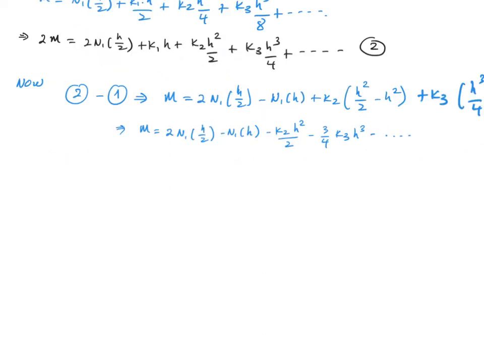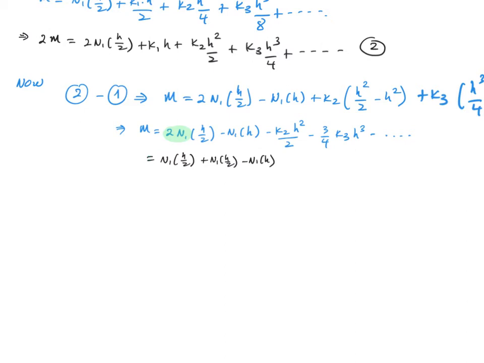Now we're just going to rewrite this part. Notice here you have 2 M1 of h over 2, so we're just going to expand it. This is the same thing as M1 of h over 2 plus M1 of h over 2 minus M1 of h.